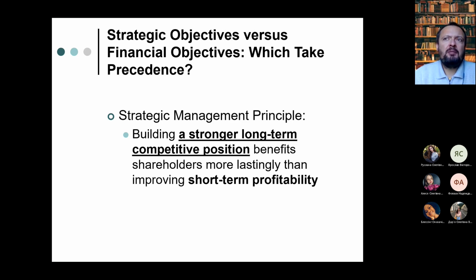And maybe you remember the problems, for example, with the Exxon company. The reports were quite okay, but the company went bankrupt. So the general principle is that a stronger position in the current situation is much better than short-term profitability.